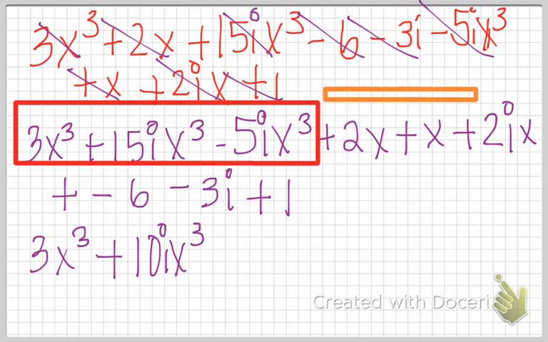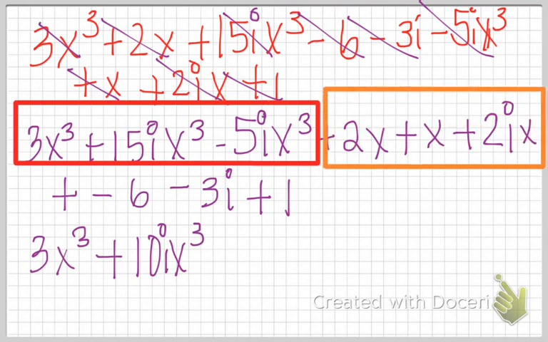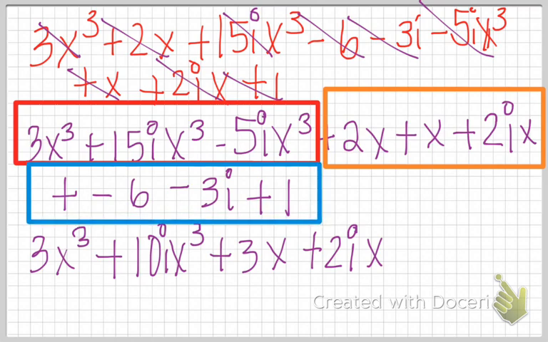So I have the following. Plus 3x plus 2i x. And last but not least, my complex number itself. Negative 6, negative 3i, and plus 1. Negative 6 and 1, the real part gets combined, and that becomes negative 5 minus 3i.